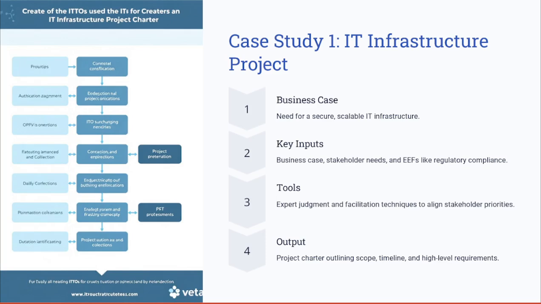The tools are expert judgment and facilitation techniques, for example, to align stakeholder priorities. The expected output is the approved project charter outlining the scope, timeline, and high level requirements.